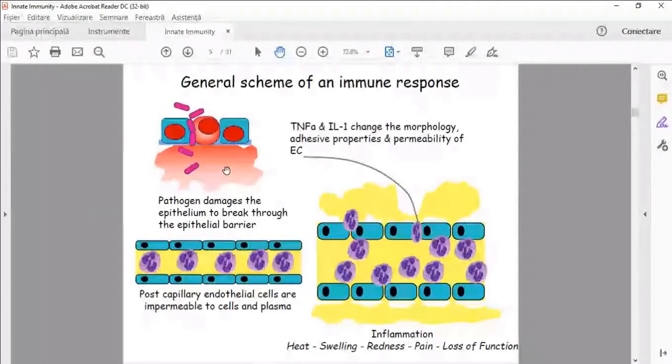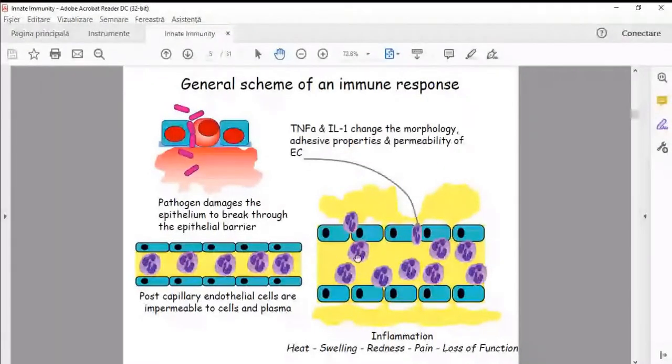The most important cytokines released are TNF-alpha and interleukin-1, which are known as pro-inflammatory cytokines because they are able to change the morphology, adhesive properties and permeability of the endothelial cells themselves, but also they are able to chemoattract some leukocytes from the capillary.